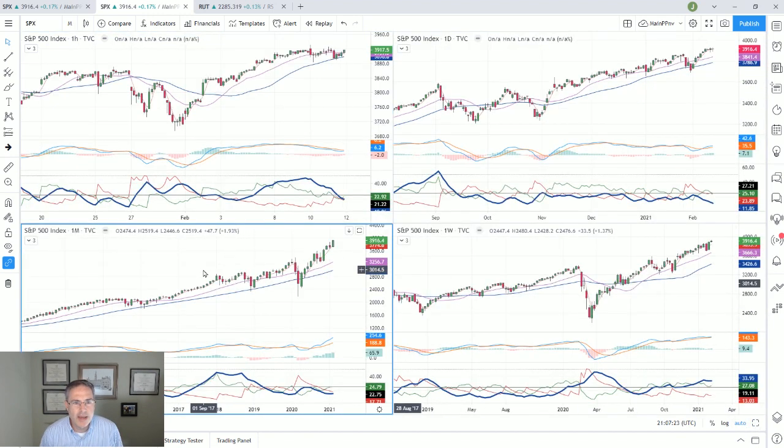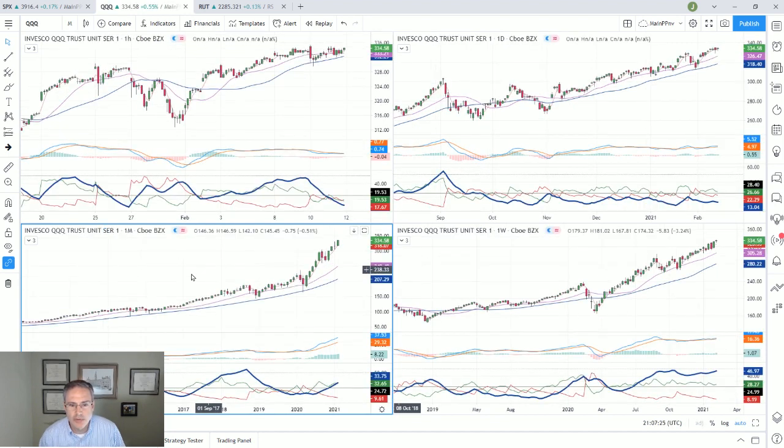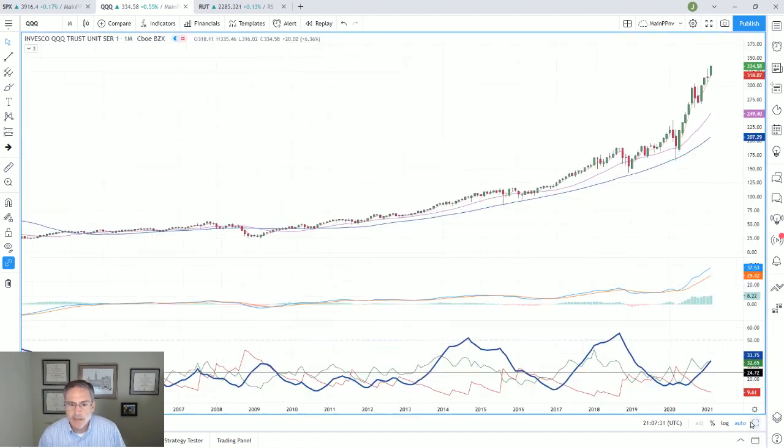So let's go ahead and switch over to the QQQ. Same thing taking place on the monthly chart. It really started to kick in 2011, and we started to get a move up and then it paused a little bit. Then we had a really nice run, 2013, 2014, then took a breather and had another nice run.